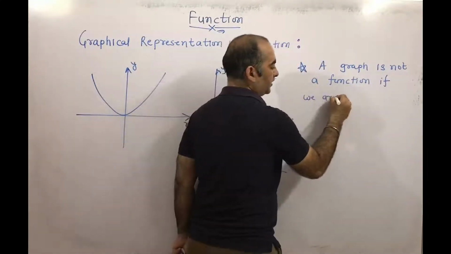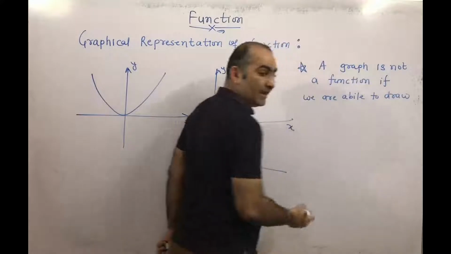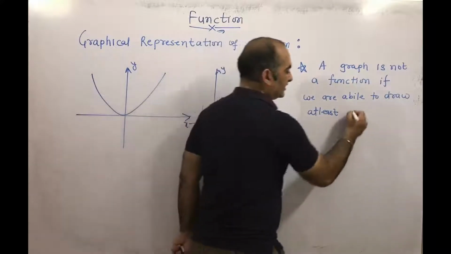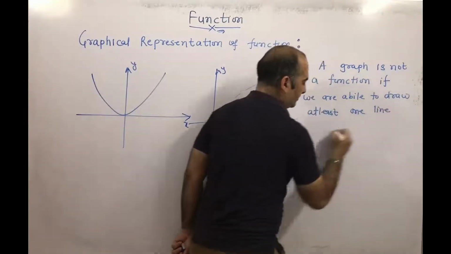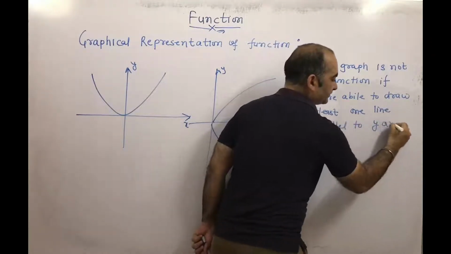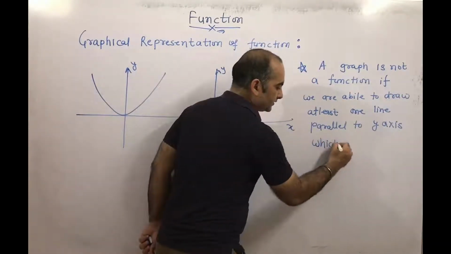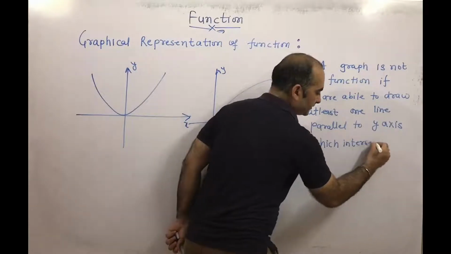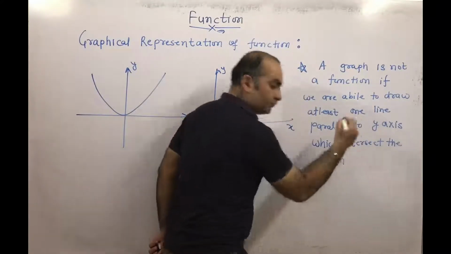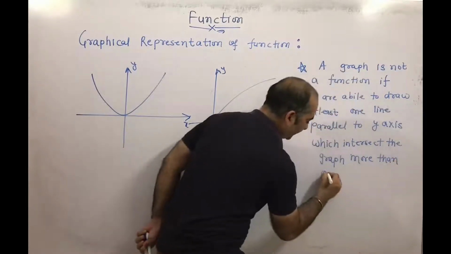we are able to draw at least, minimum at least, one line parallel to y-axis which intersects the graph at more than one point.